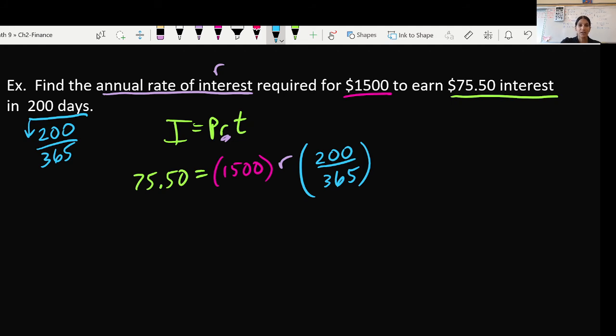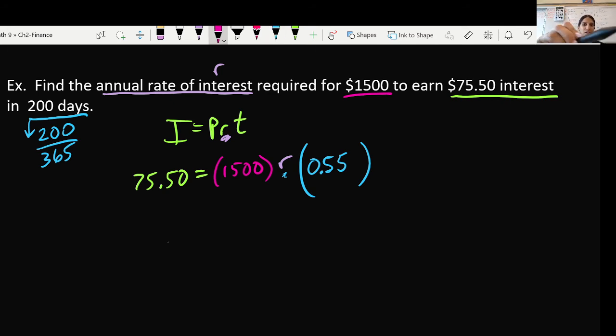Okay. If I want to figure out R, well, I'm going to start to work my way through these calculations. Maybe 200 divided by 365. Just because we have a lot of things to manage here, we're going to divide that out and change it to a decimal. 0.55. I'm going to round it to 2 decimal places. It's okay if you do that as well.